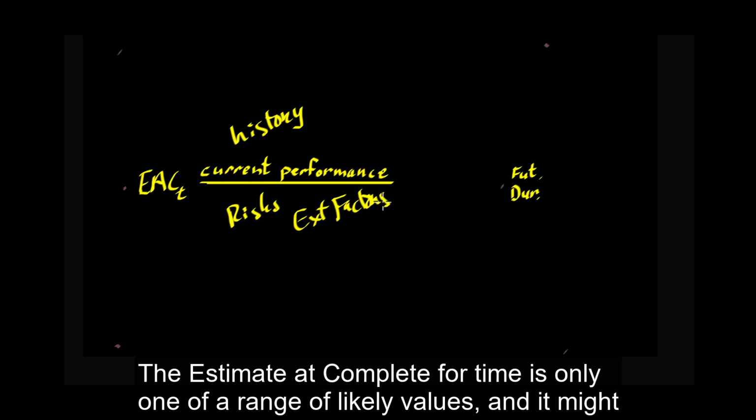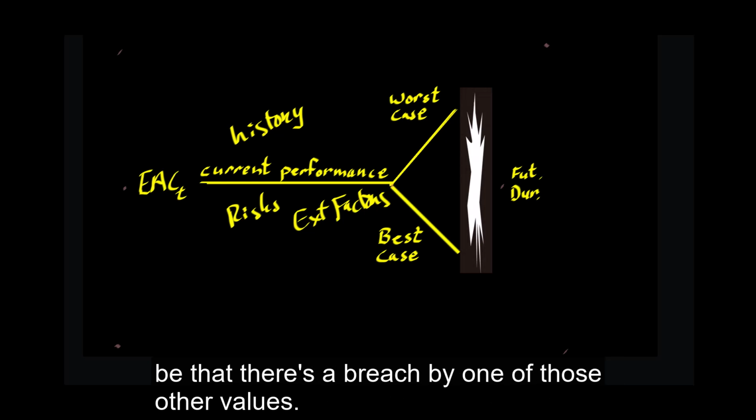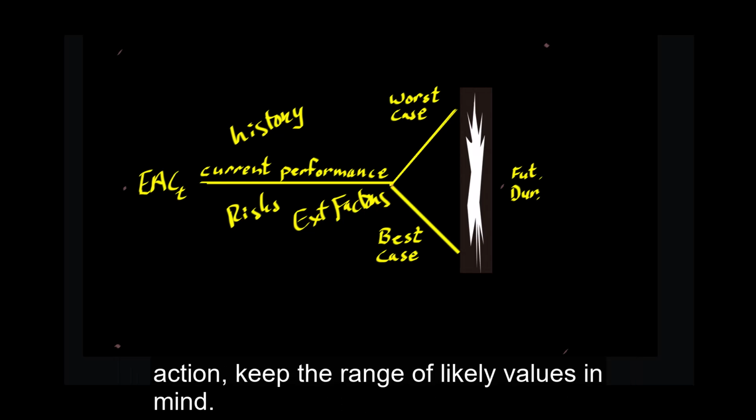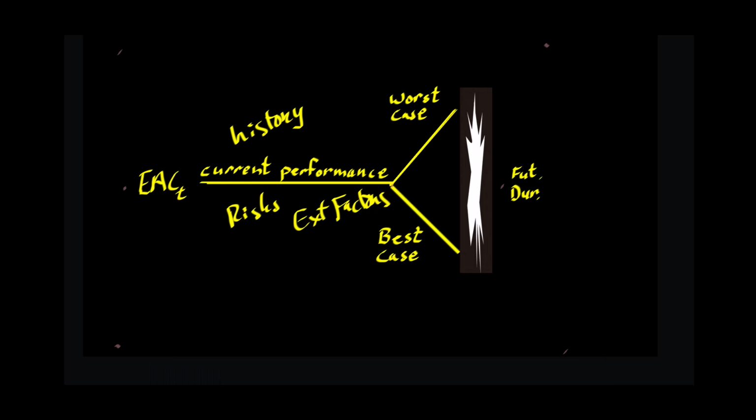The estimate at complete for time is only one of a range of likely values, and it might be that there's a breach by one of those other values. A separate video describes how to set up and use the variance. Still, when deciding on action, keep the range of likely values in mind.